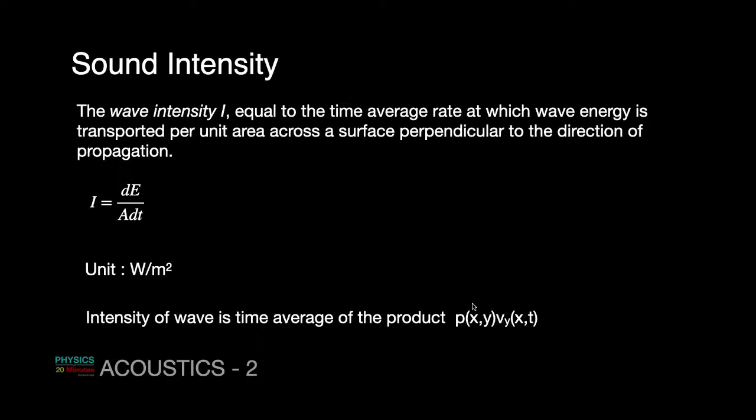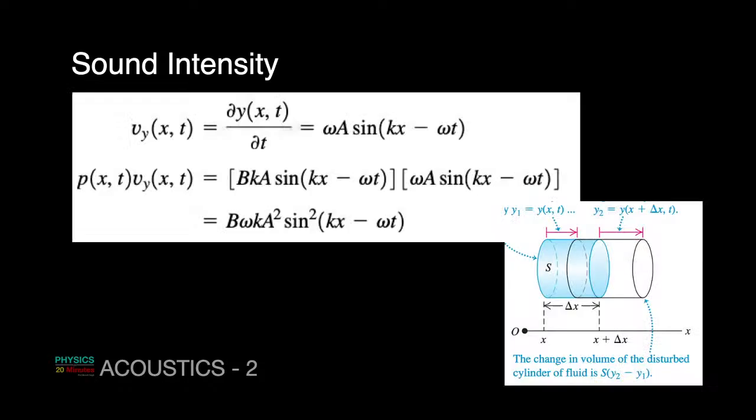So the product of the two, if you average out over a large interval of time, gives you the intensity of the wave. Of course, your reference book derives this. As I said, I'm doing a very quick revision, so the derivation is not in the scope right now. But do remember, because this is needed for the next step.